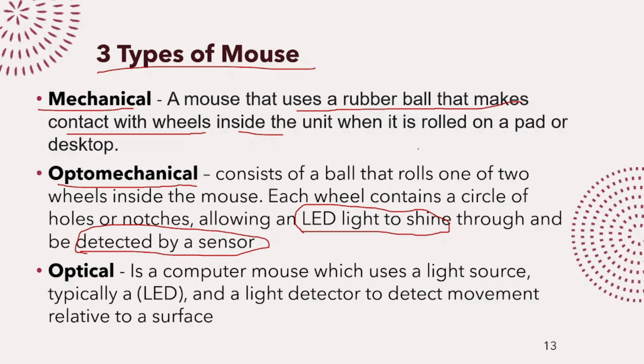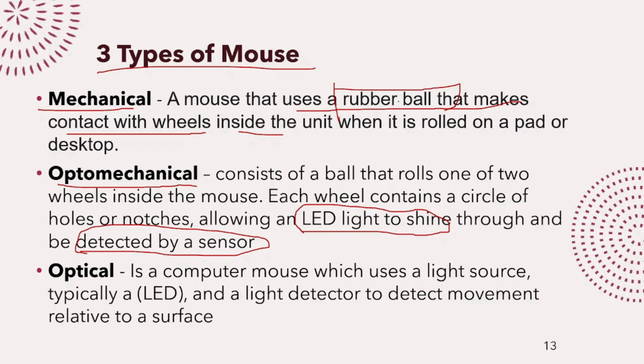Kumbaga, the mechanical uses yung ball, this rubber ball, sa loob. If you have experience using a mechanical mouse, you can feel that there is a ball that is rolling beneath your mouse, so that's a mechanical.